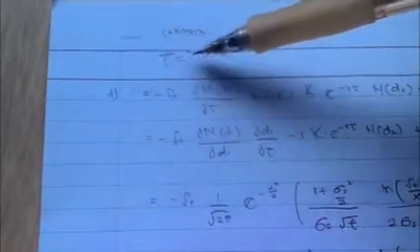Okay, we start with tau equal to T minus t.